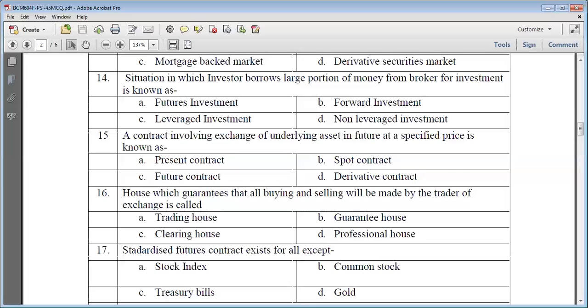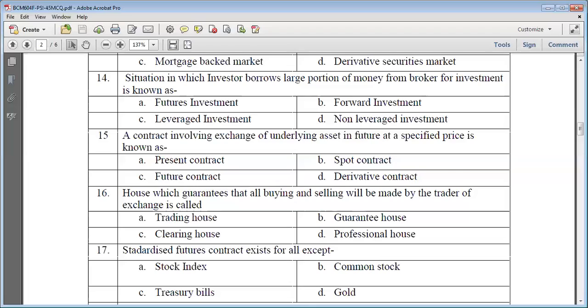So if a party refuses to follow the guidelines of the clearinghouse, then immediately the entire loss amount is deducted from his security, the contract is closed and the balance money is refunded to him. Therefore, in this manner, the clearinghouse provides a guarantee of no default to both parties. So clearinghouse will be the correct answer.